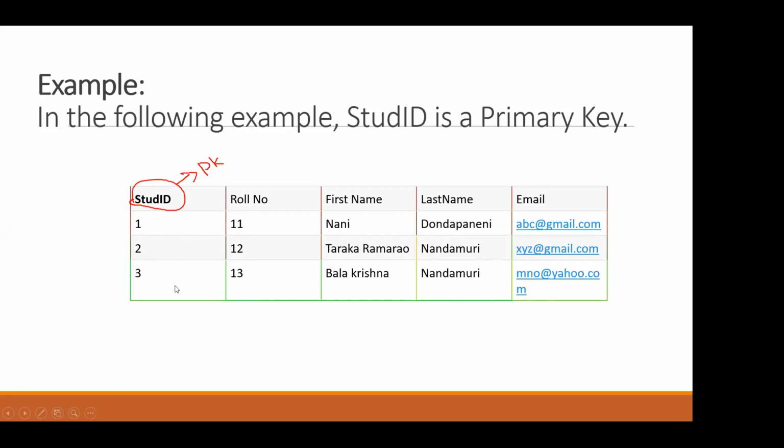The important point is that there is no null value in the primary key, so you cannot give any null value to it. You must always give some value, and there is no duplication of data. 1, 2, 3 are different values, not the same value. These are the rules you have to remember for primary keys.